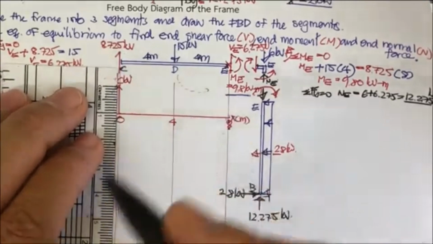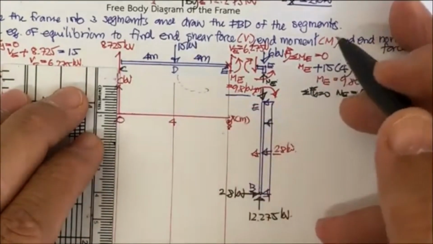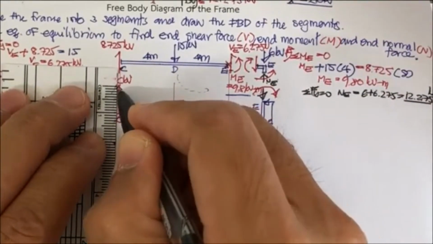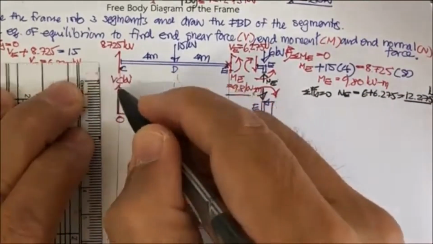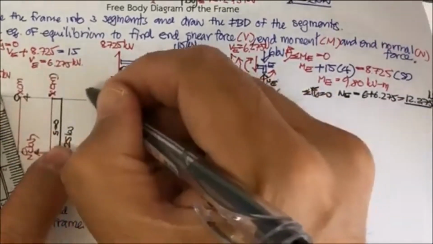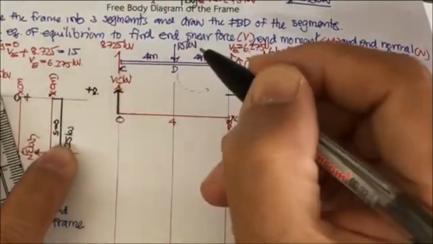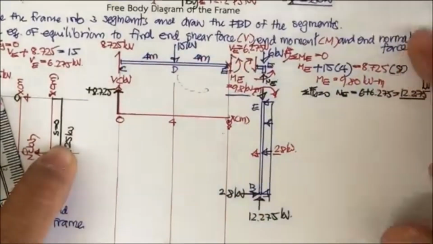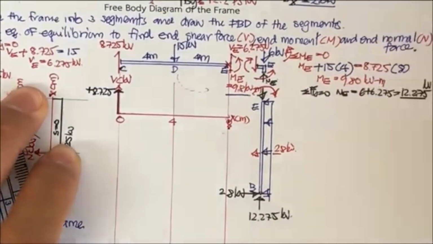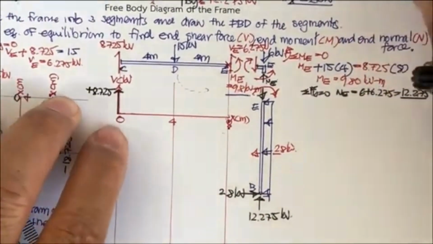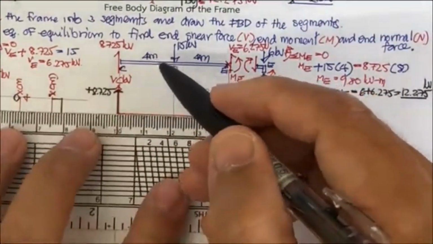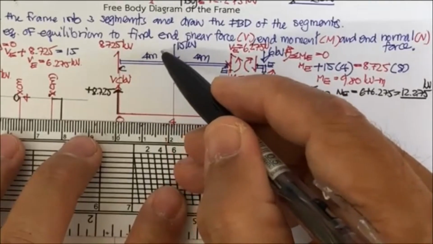When we arrive at C, we get the shear force of 8.725. So this is a scale of 1 millimeter for 1 kilonewton. So this is about 9 millimeters, 8.725, okay. So this is plus 8.725 kilonewton here. And then you move to the segment CD, and there is no distributed force.